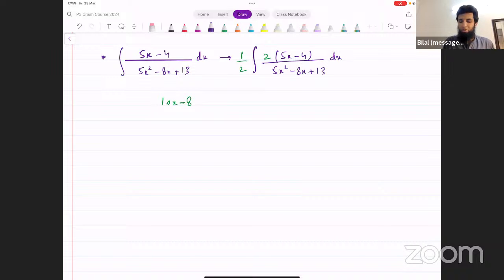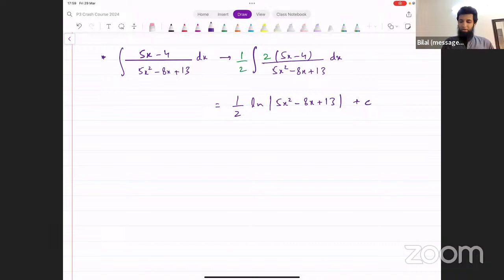And now the part inside follows that condition. Numerator is now the derivative of the denominator. So we multiply by 2 inside, divide by 2 outside, and that gives us that form. And now we can say the integral is 1 over 2 outside remains as it is. The part inside integrates to ln of 5x squared minus 8x plus 13 plus c. That is the integral that you get from this. Make sense? No problems?